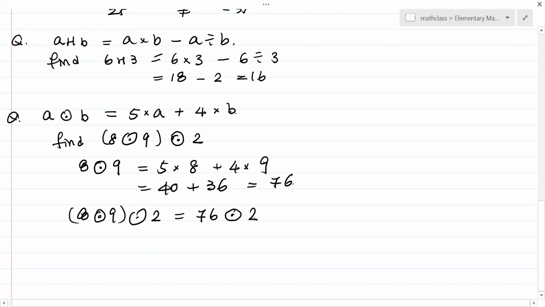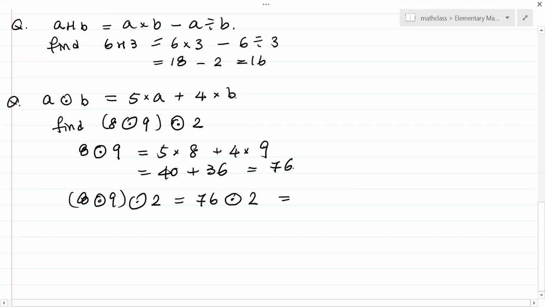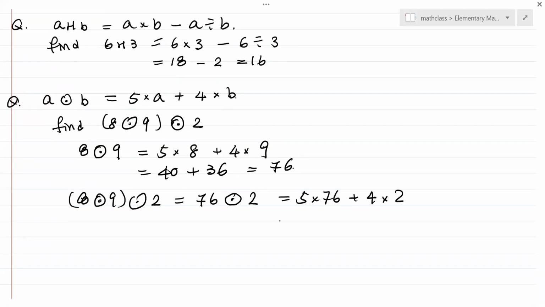Use the above formula. In the place of A is 76, so 5 times 76, and in the place of B, that is 2. Then you do the computation. What should be the answer? 388. I see lots of students got 388. Crystal, Nina, Maxwell, Lucia, Kylie.